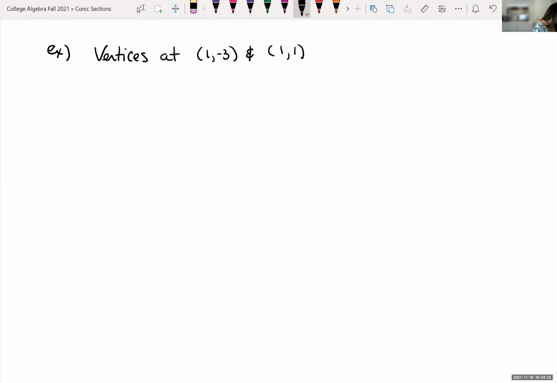You're also given that you have an asymptote that is y plus 1 is equal to our slope 3/2 all times x minus 1.